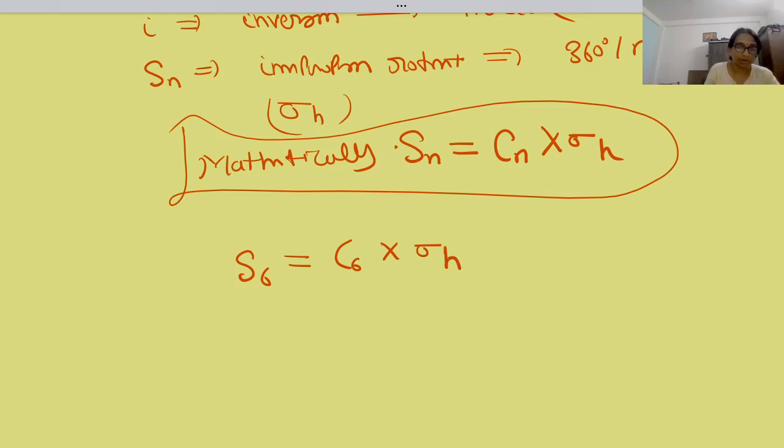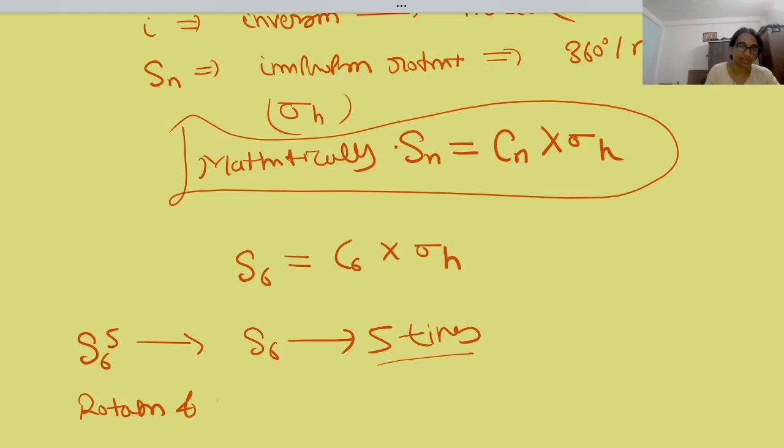According to our definition, S6^5 means performing the S6 operation 5 times. In this process, rotation is going on and reflection is also going on because of the plane of symmetry.